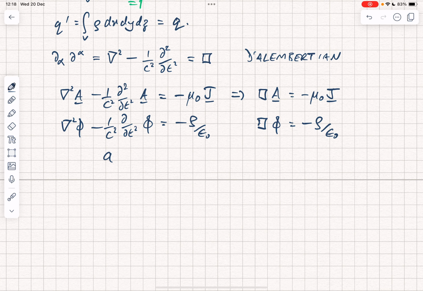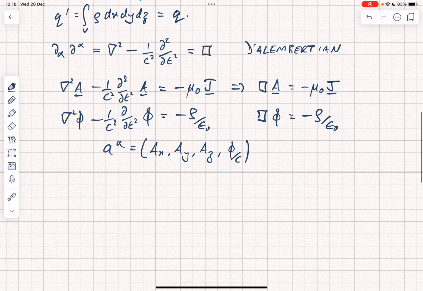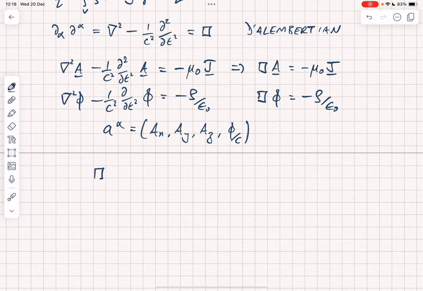And indeed we can. We write A superscript alpha is equal to Ax, Ay, Az, and phi over c. And when we do that, the phi over c corrects for the epsilon naught mu naught imbalance. And so we find that we can write box of A alpha is equal to minus mu naught J alpha.